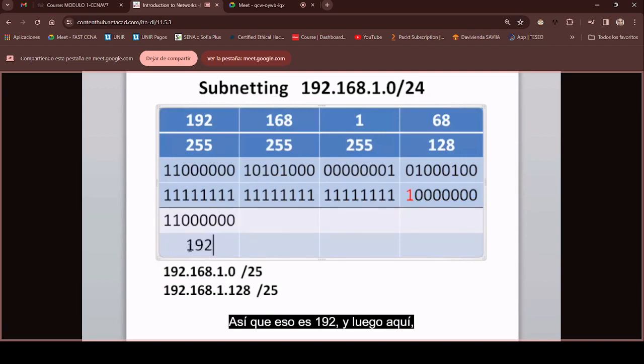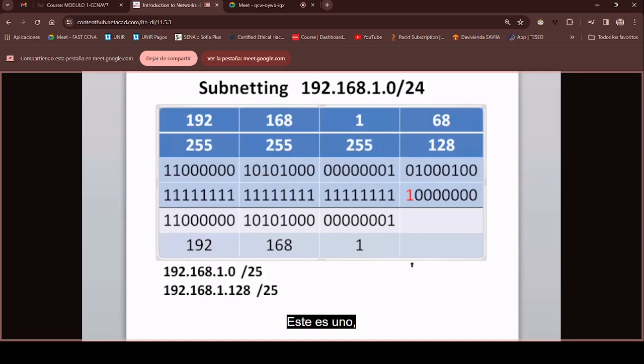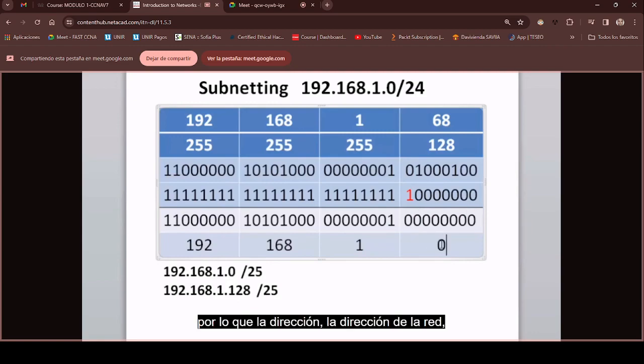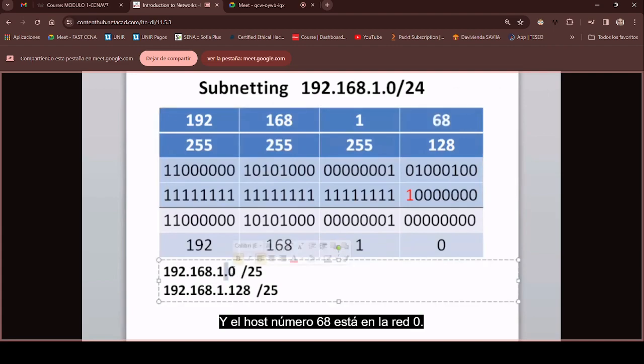So that's 192. And then here, the result is 168. And then all zeros here and a 1. This is a 1. And now if we look at this last octet, a false and a true makes a false. A true and a false makes a false. And then we get all zeros here. So the network address is the 192.168.1.0 network. So host number 68 is on the 0 network.